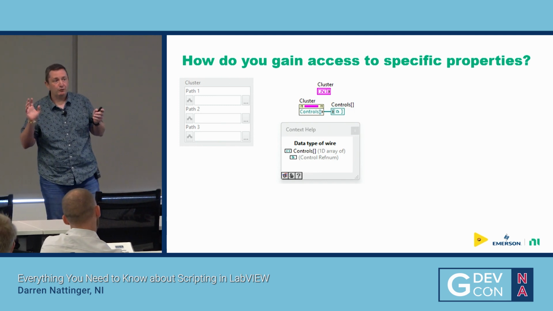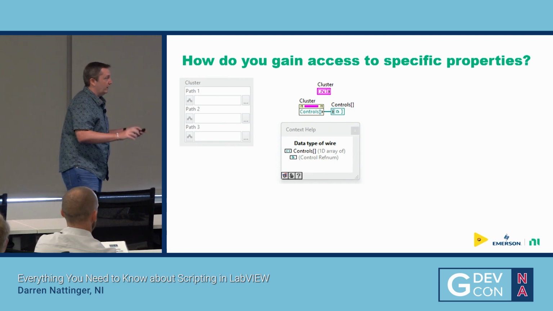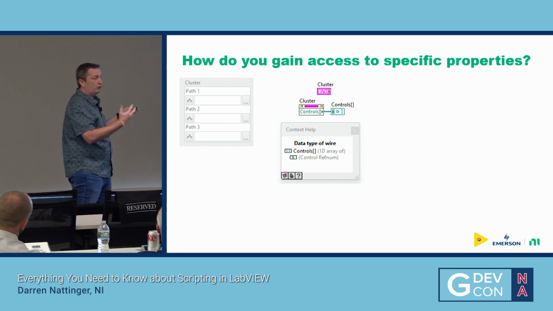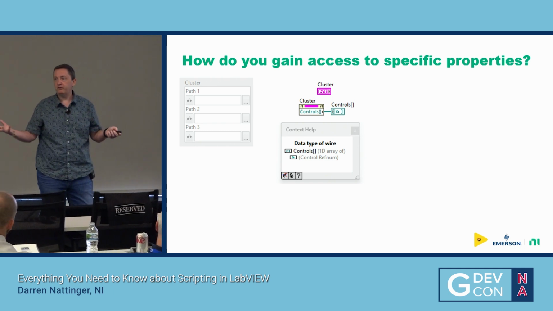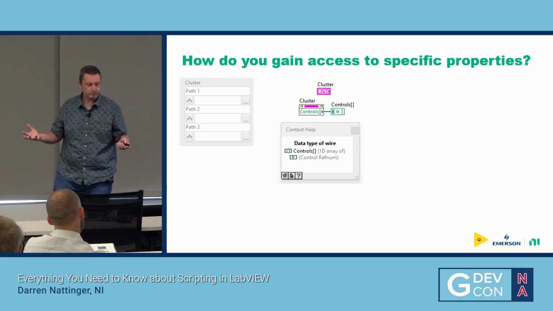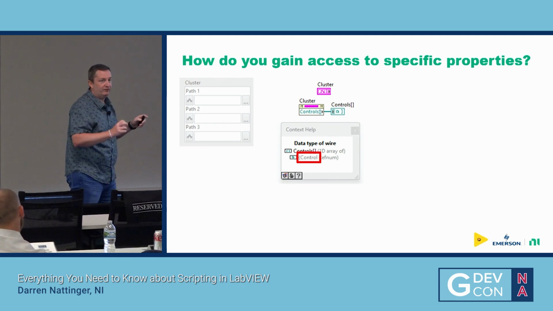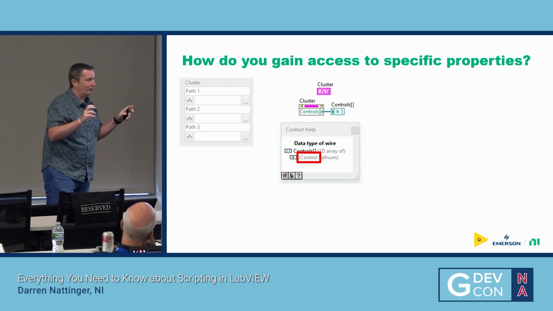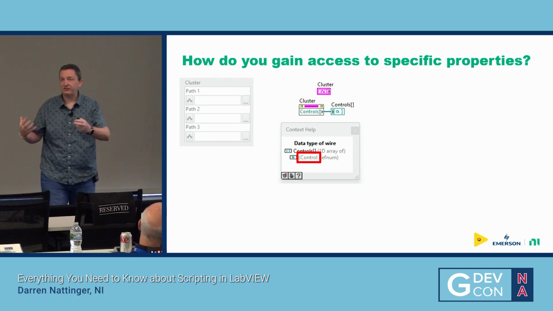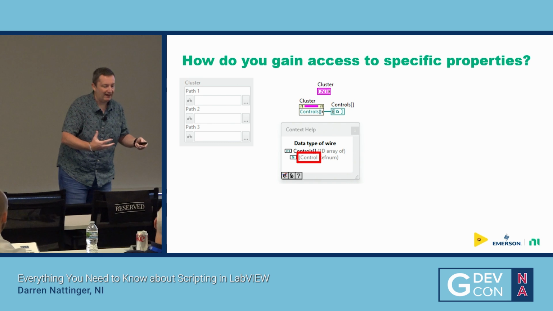Well, first of all, we got to get references to those path controls, right? So here we've got a controls property that will give us references to the controls inside the cluster. But the problem is that those references we get back are of the control class. Well, that is a generic class that does not give us access to things pertaining to paths.